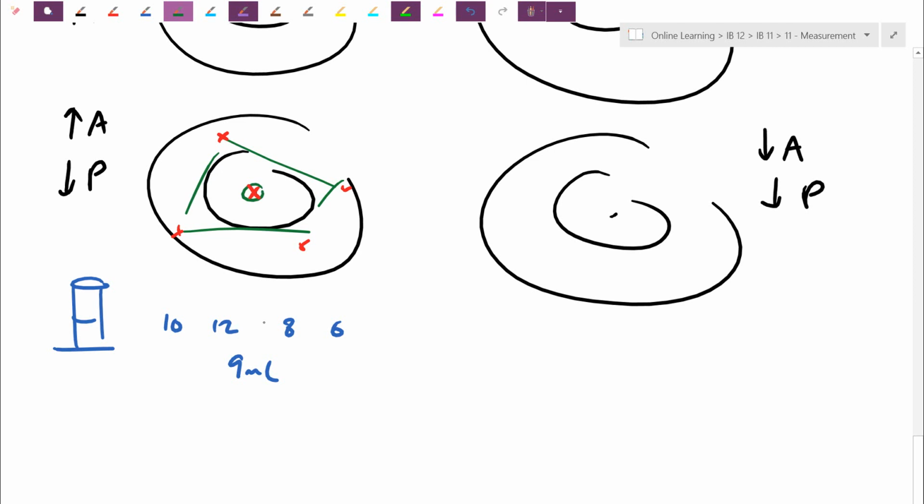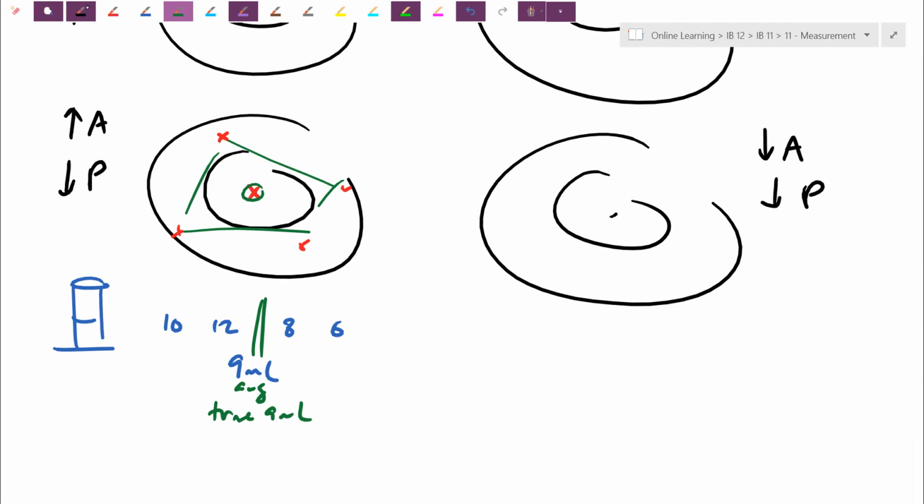Just like if you average these numbers here, let's add them all up and then divide it by 4. We end up exactly spot on. Let's say the true value was also 9 milliliters, so therefore my average is spot on, so I can still conclude. Even though we don't have the consistency, the reproducibility, the reliability, we're still fairly accurate.